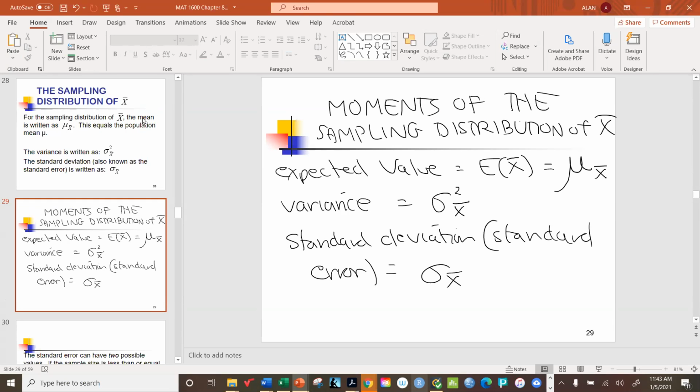So we have to keep an eye on this. This notation is needed so that we don't confuse it with the underlying population. Because now we're not dealing directly with the population. Remember, we're dealing with the sample means. Well, now we need to introduce the formulas.